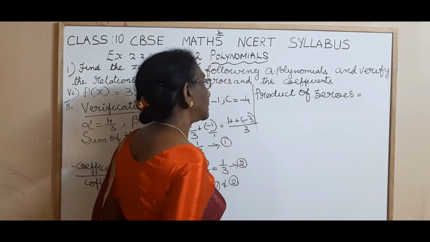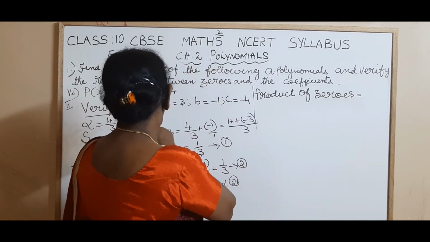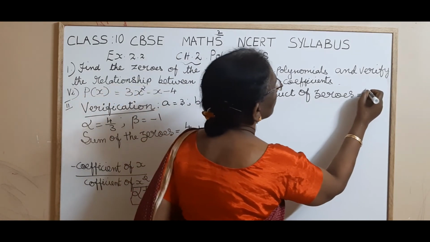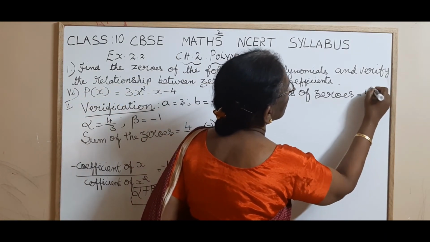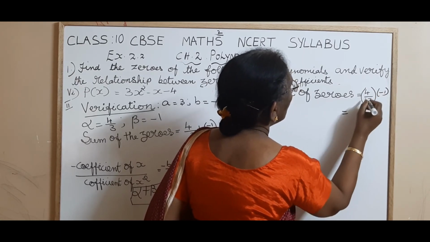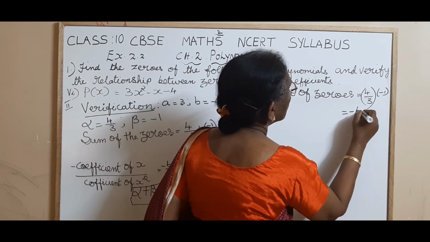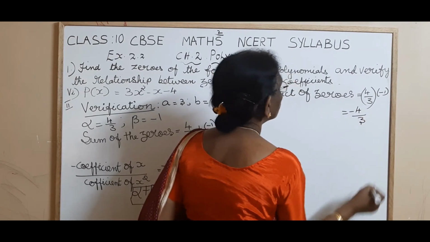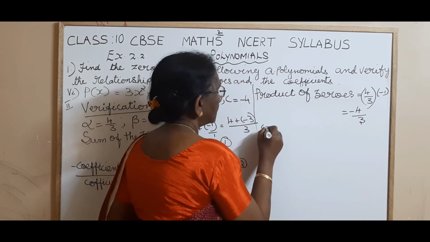Alpha is 4 by 3. Beta is minus 1. So what do you have? Plus into minus, minus 4 by 3.